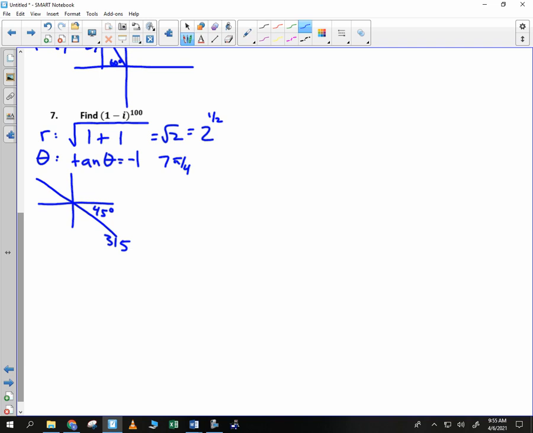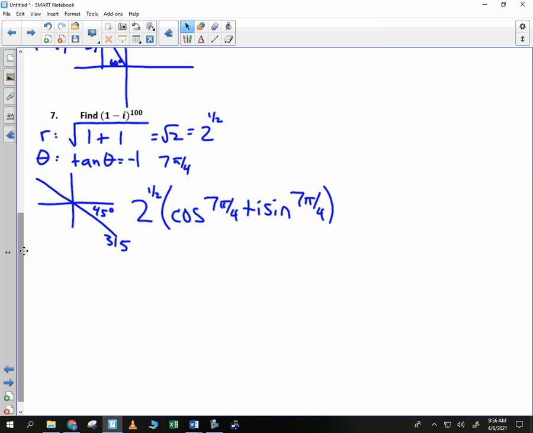So what that means is that my trigonometric form is 2 to the 1/2 power times the cosine of 7 pi over 4 plus i sine of 7 pi over 4. Now the whole goal is to take that thing and raise it to what power? 100? Are you nuts?